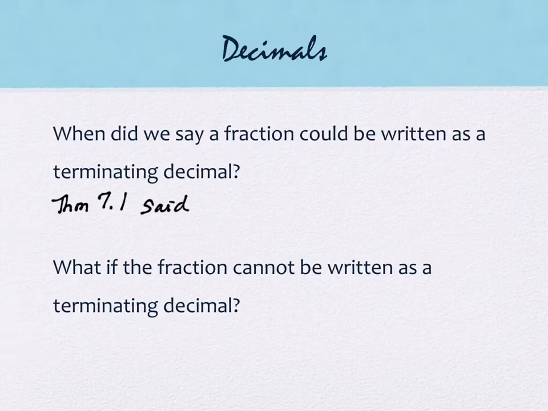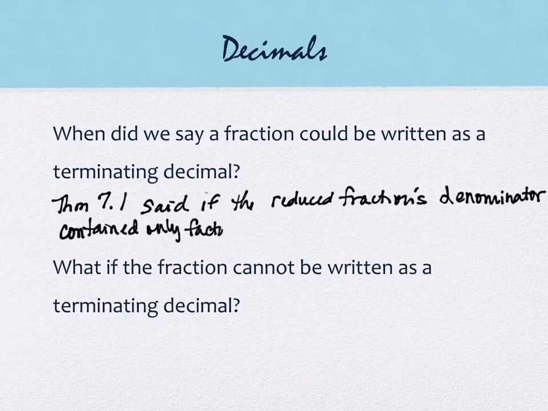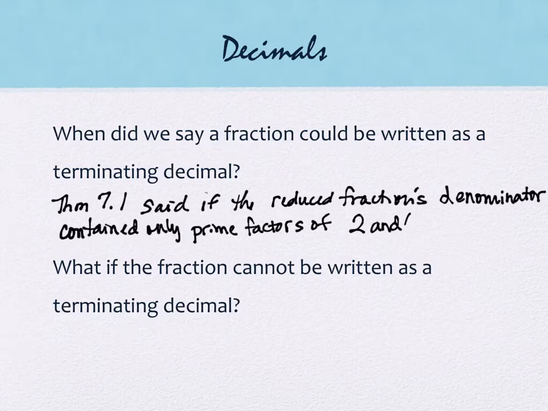It said if the reduced or simplified fraction's denominator contained only factors, let me say it this way, only prime factors, because it will contain other factors potentially, only prime factors of 2 and or 5. So it could have 2, it could have 5, or it can have 2 and 5.